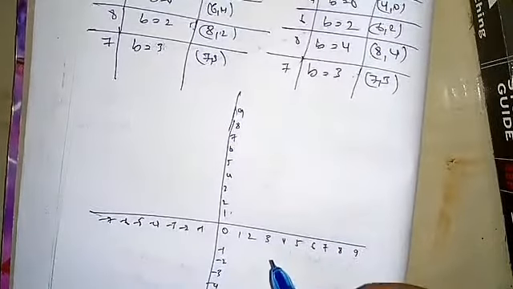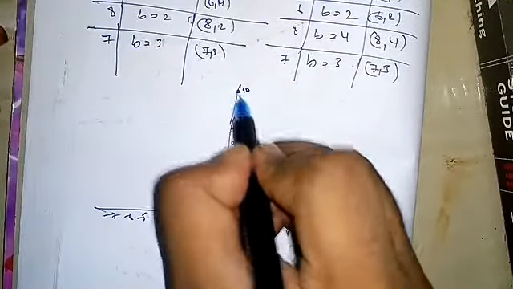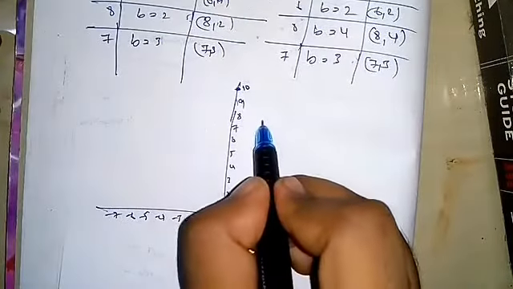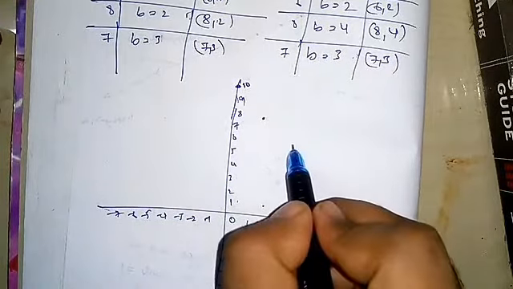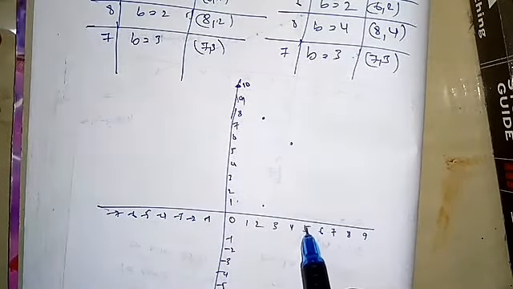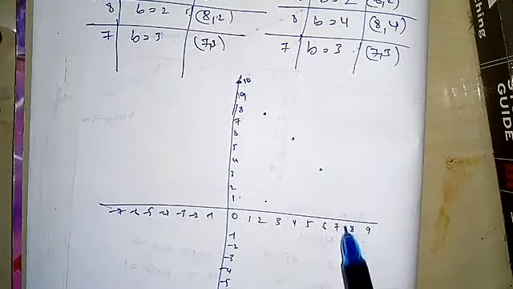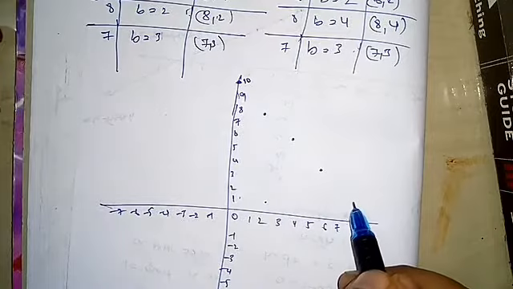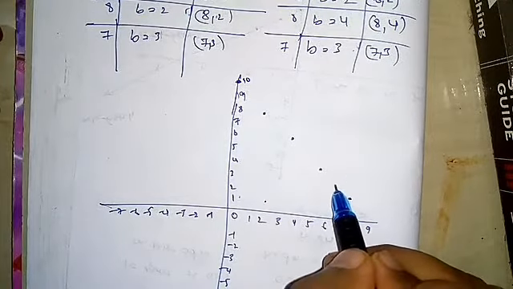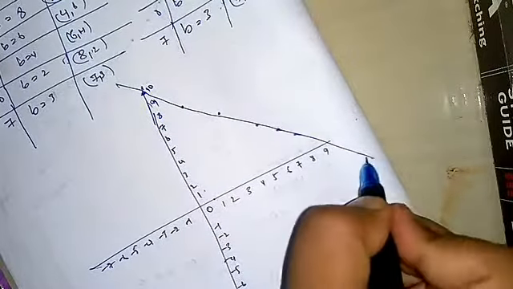Let's plot the points for the first line. 0 comma 10, so somewhere here. 2 comma 8. 4 comma 6. 6 comma 4 and 8 comma 2. And 7 comma 3. So if you join these points, you get a straight line passing through these points.